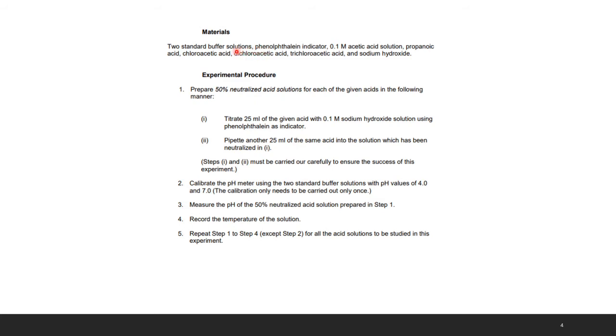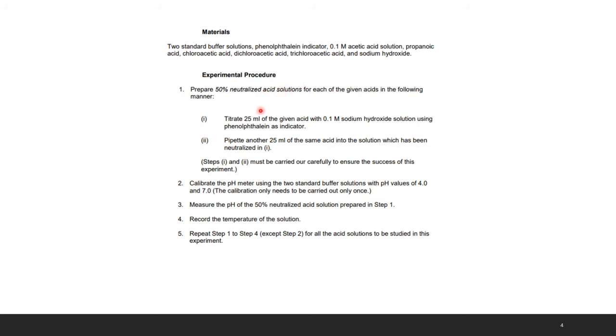In terms of materials, you have the buffer solutions, which are important to calibrate the pH meter because you want to avoid systematic error. Phenolphthalein is used as the indicator, so obviously there's a titration involved. You use 0.1 molar of various acids, namely acetic acid, propanoic acid, chloroacetic acid, dichloroacetic acid, and trichloroacetic acid, and the base will be sodium hydroxide. First, you need to prepare 50% neutralized acid.